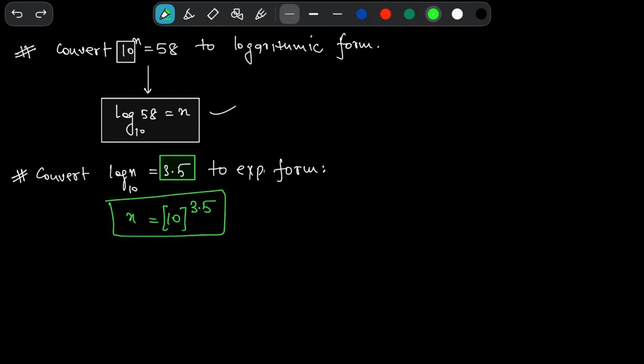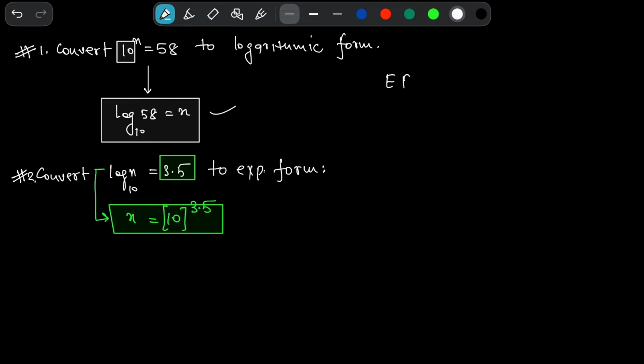So in this question I have converted a simple logarithmic form to exponential form. So from question number 1 and question number 2 we can see that we can convert exponential form to logarithmic form, and we can convert logarithmic form back to exponential form.